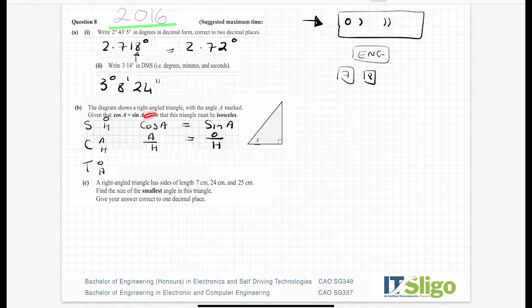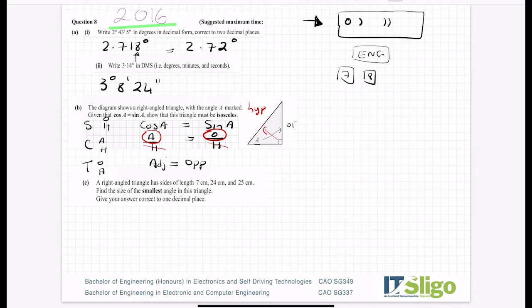Well, if cos is equal to sine, then adjacent over hypotenuse must be equal to opposite over hypotenuse. Well, obviously the hypotenuse is the same because it's the same side. Hypotenuse is always opposite the right angle. Therefore, adjacent must be equal to the opposite side. So one of these sides is my adjacent.